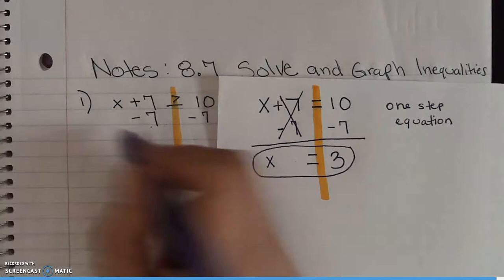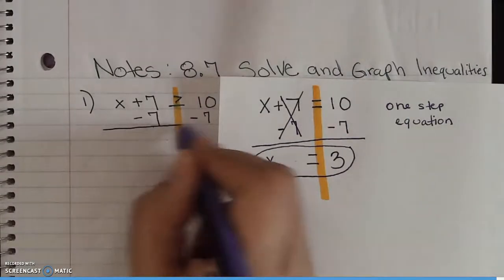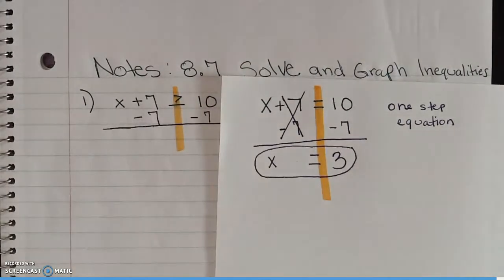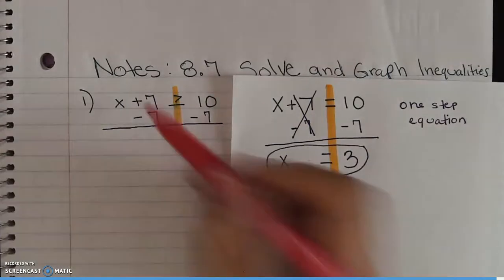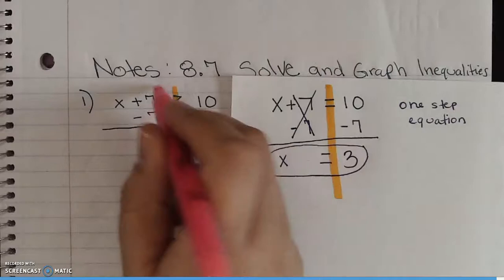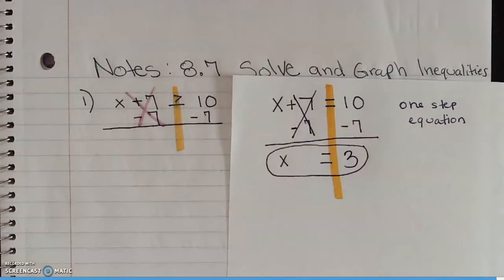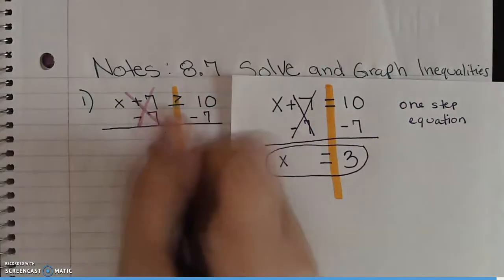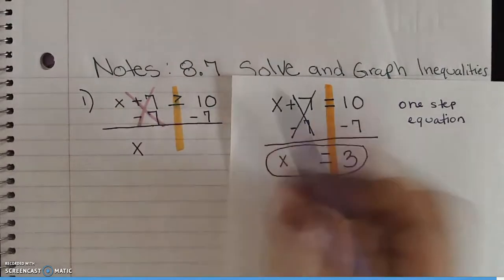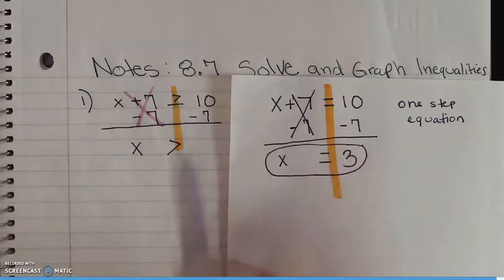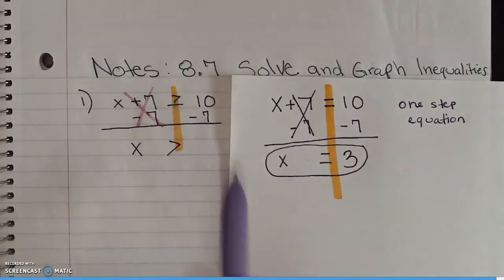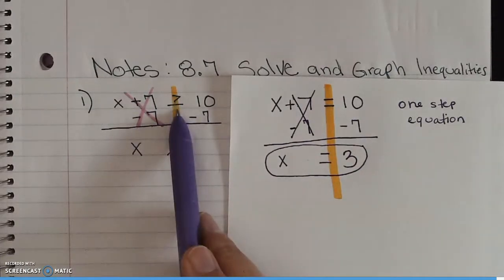Then you go ahead and make your line so you could solve it. You now know that 7 minus 7 cancels out, and you now have x on your own. You bring down your inequality. And remember, there's 2 inequalities here because you have greater than or equal to.